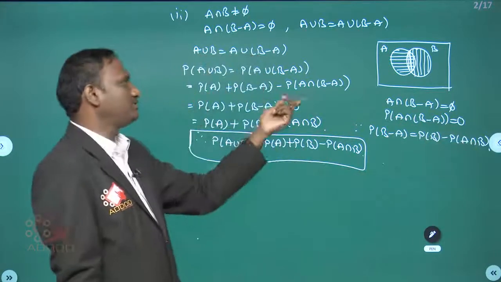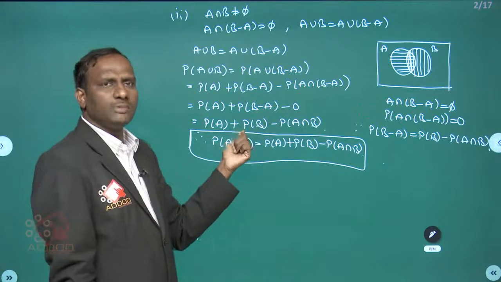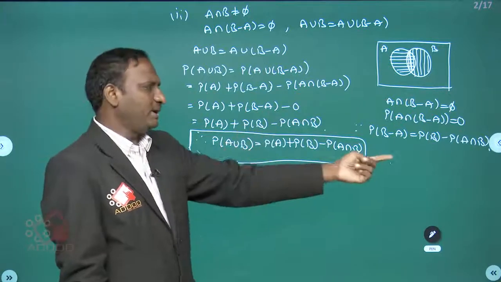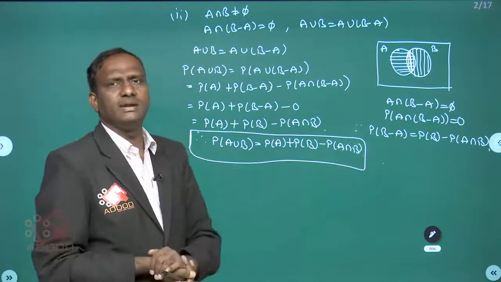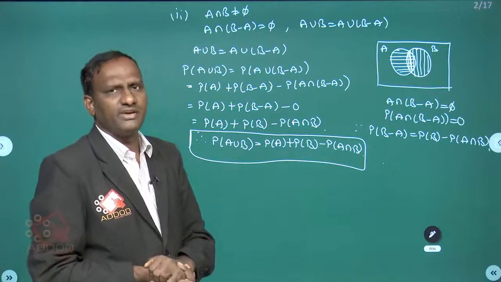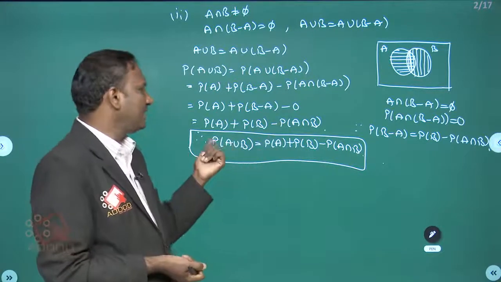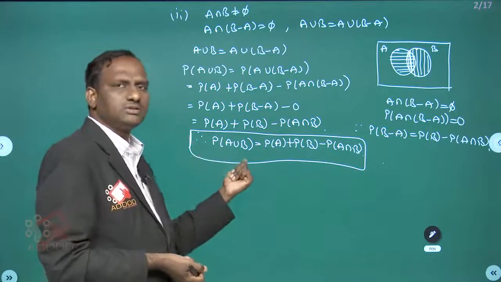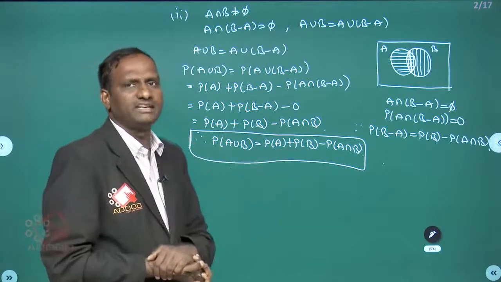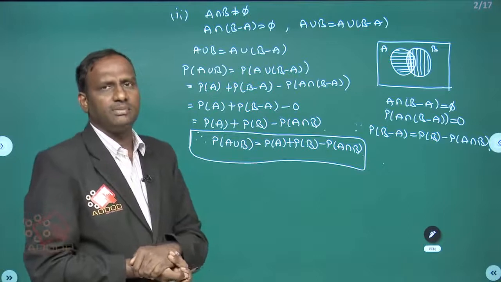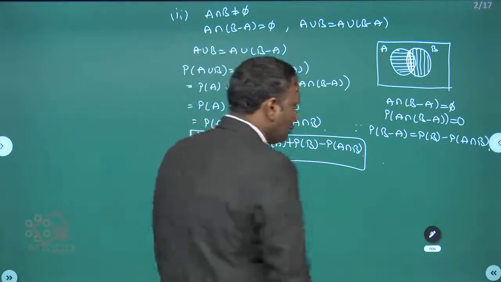Now by a known result, P of B minus A can be written as P of B minus P of A intersection B. Applying that value, I get P of A union B is equal to P of A plus P of B minus P of A intersection B. Right. Now go for the next question.